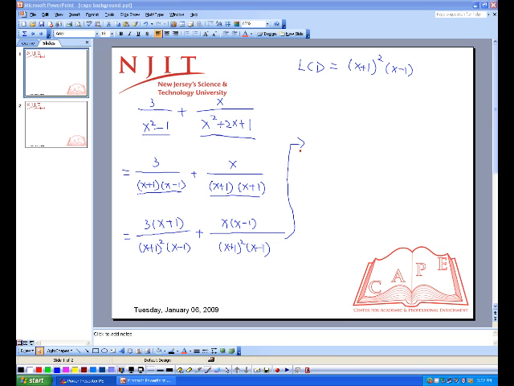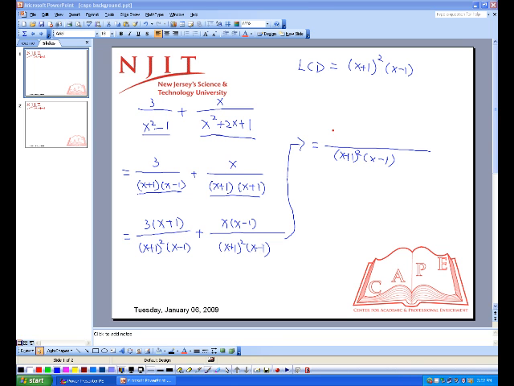So when you do this, you will have the same denominator now, and you can simply add the numerators. Let's write the denominators out, which is in a completely factored form already, so let's just leave it like that.